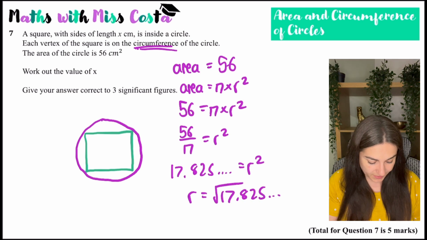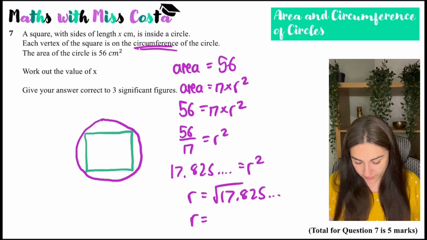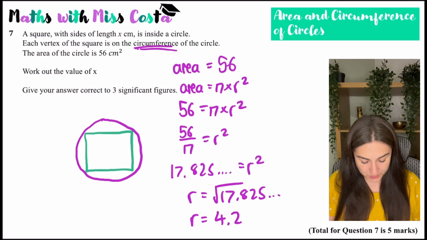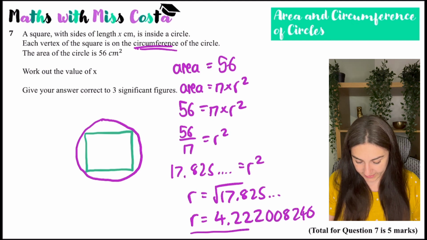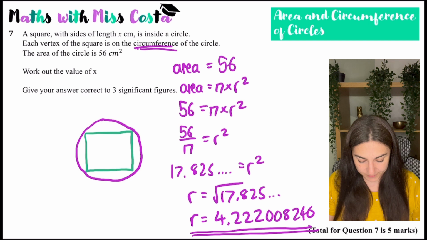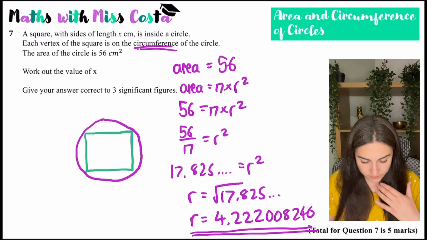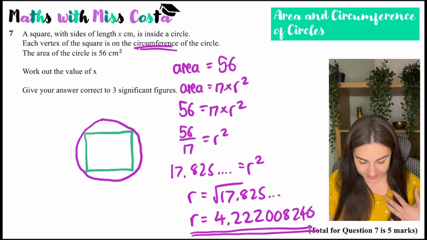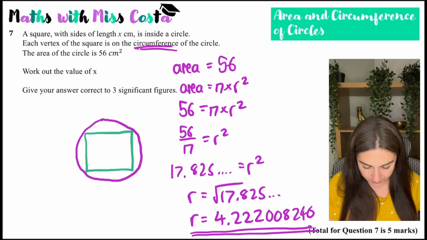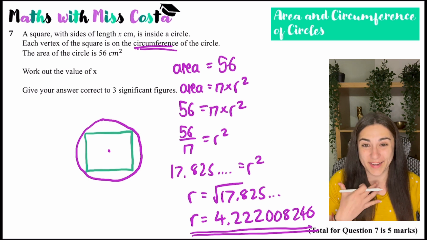I can just type in the square root of answer on my calculator. Therefore, I know that the radius is 4.222008246. So I know that the radius is 4.22.